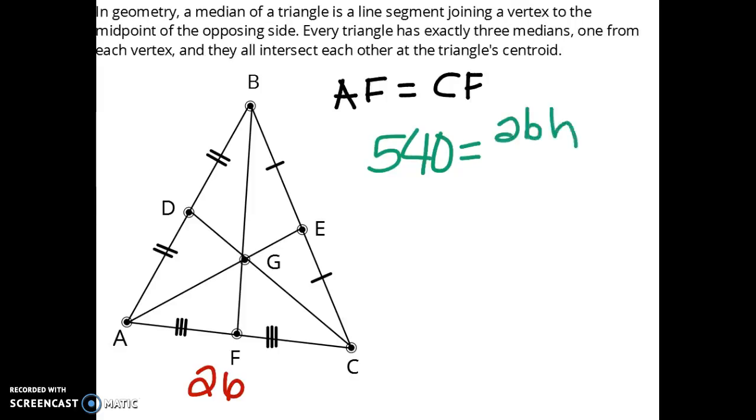I don't know the height. I could still find the height of the triangle, the height of BF. So what I would do is multiply both sides by 2.